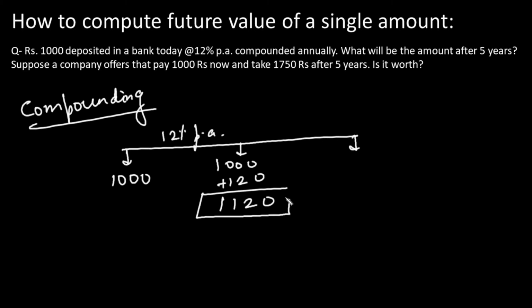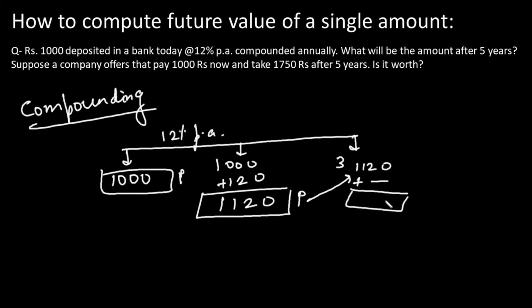So this will be the principal for the next year. And when we calculate the interest for the third year, we will take this amount as the principal and then calculate interest on this amount, and then this amount will be the principal for the fourth year. So this is the basic concept of compounding which we learned in our schools.